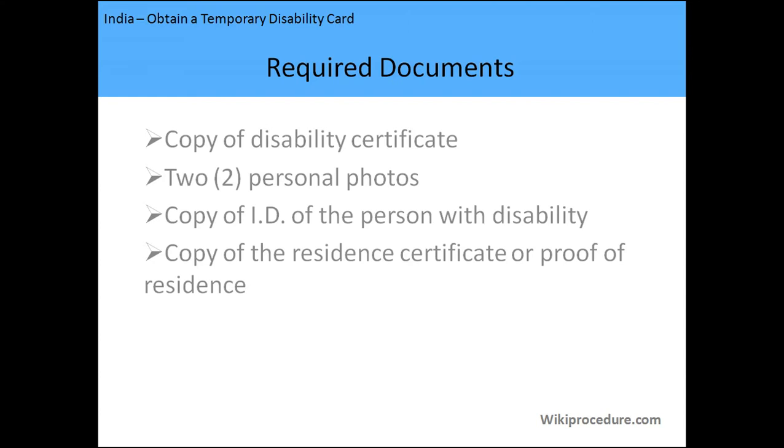If you have your driving license, that should be good too, but if you don't, any of the previously mentioned documents should be good enough. And a copy of the residence certificate or proof of residence can be the same as your Aadhaar, ration card, passport, or driving license if you have one.